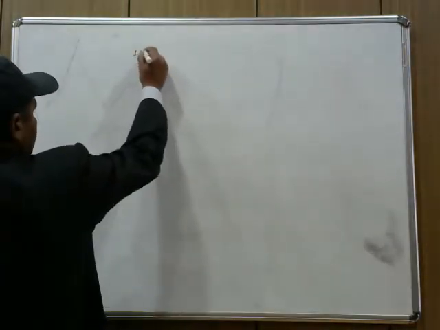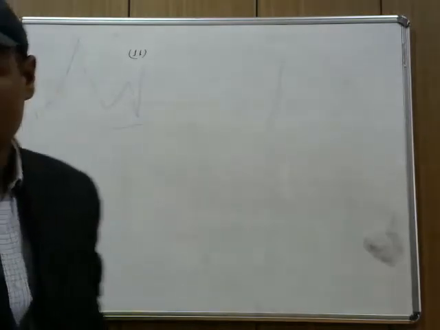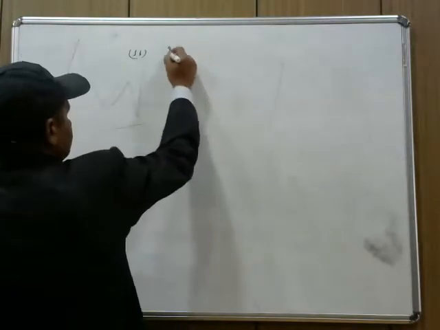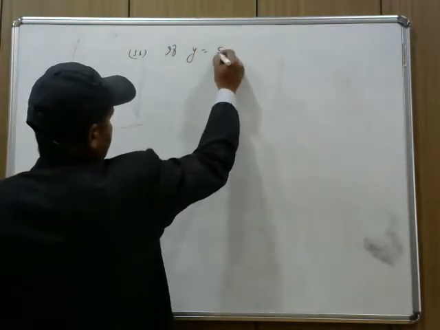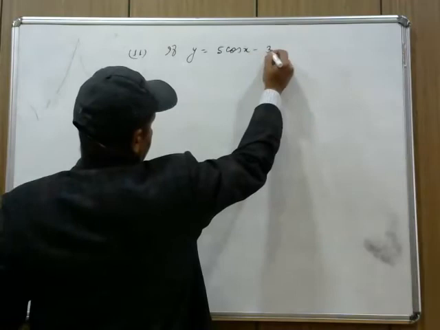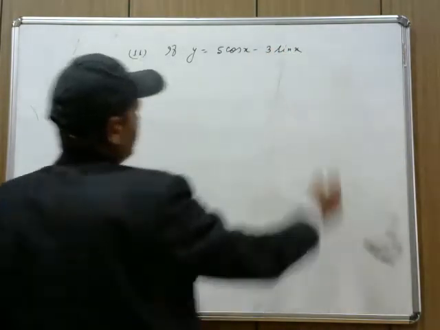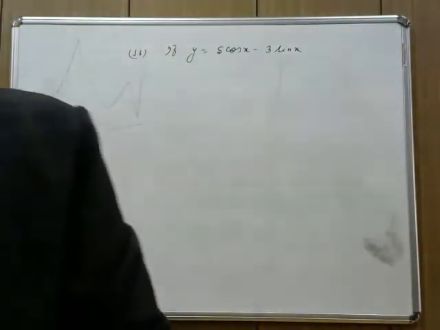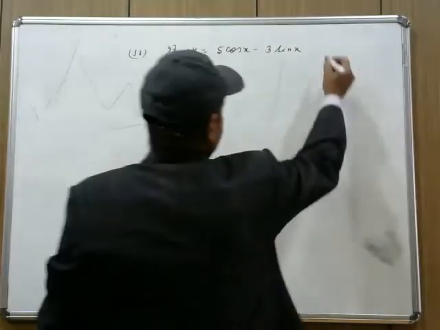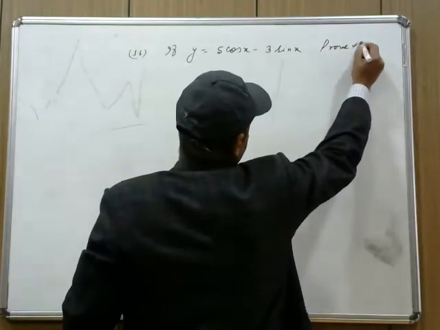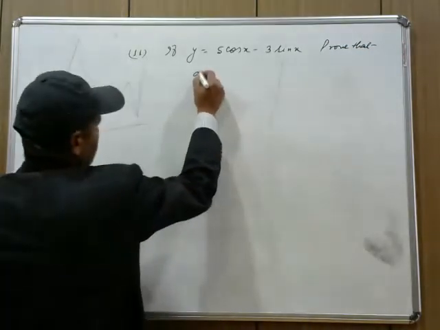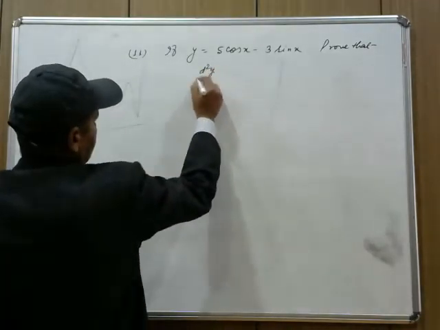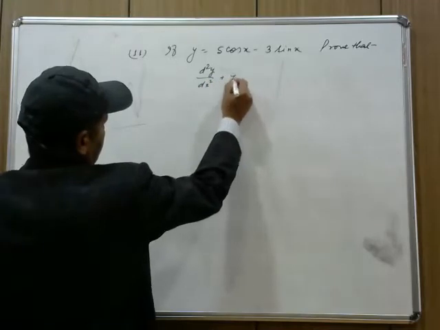Now question number 11. If y is equal to 5 cos x minus 3 sin x, prove that d2y by dx square plus y equal to 0.